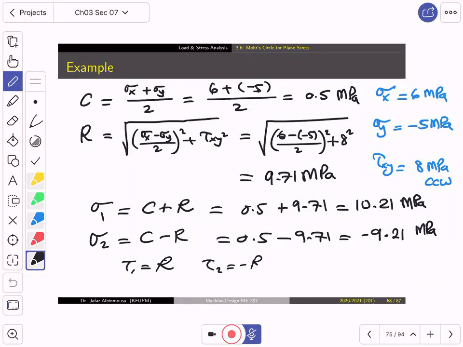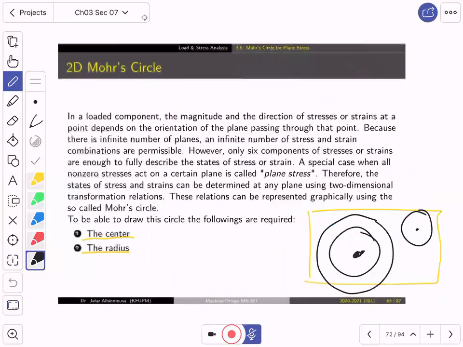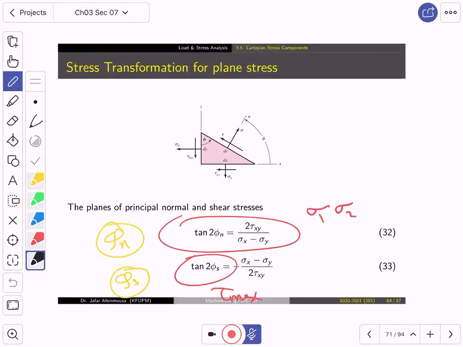That's it. Now, what are the angles? If you recall, the angles, guys, are like this. For the normal plane we have tan 2 phi equals 2 tau xy divided by sigma x minus sigma y, and the inverse of it, which is minus sigma x minus sigma y divided by 2 tau xy, is the tan 2 phi for shear.